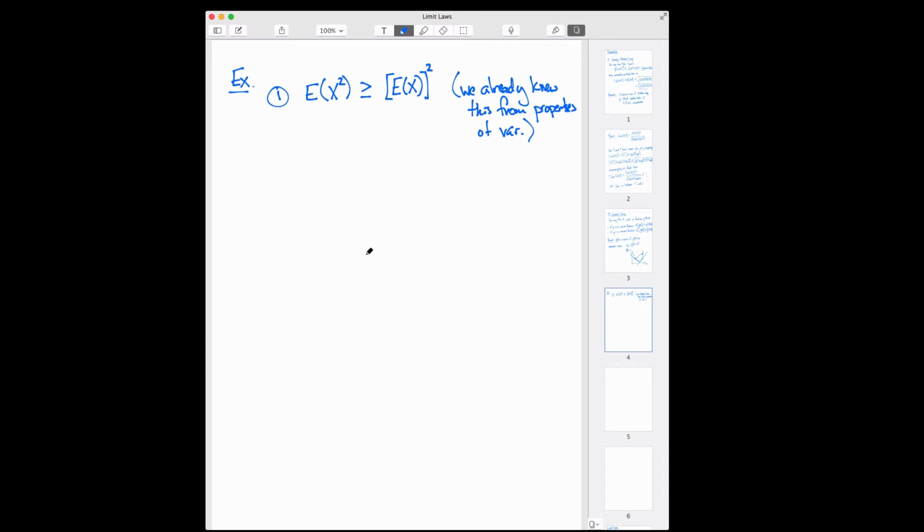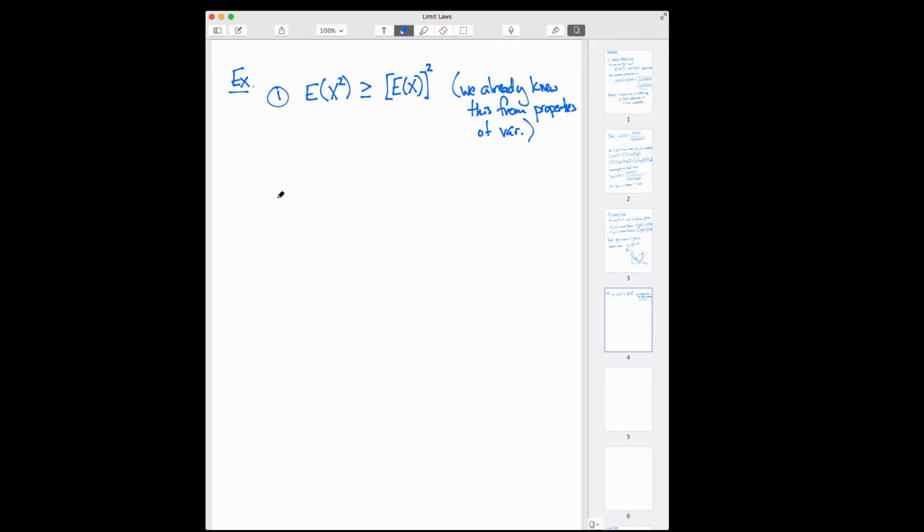But this is a really nice first example because it allows you to always go back and check your work, right? So if you know that x squared is a convex function, you can check the direction of this inequality based on this one example. And then if you accidentally have this sign reversed, well, you can just think about variance and then correct that quickly.